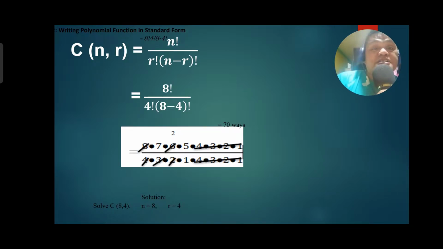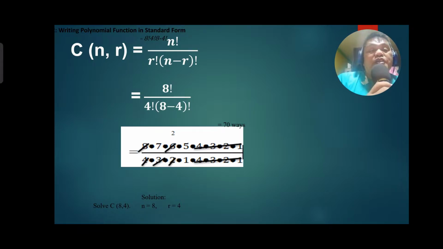8 factorial is the same as 8 times 7 times 6 times 5 up to times 1, over 4 factorial times 8 minus 4 factorial. So we have 4 factorial times 4 factorial. We are going to use the cancellation method.